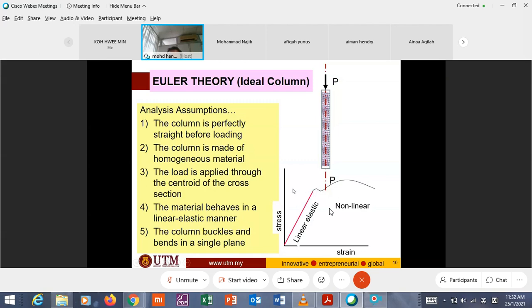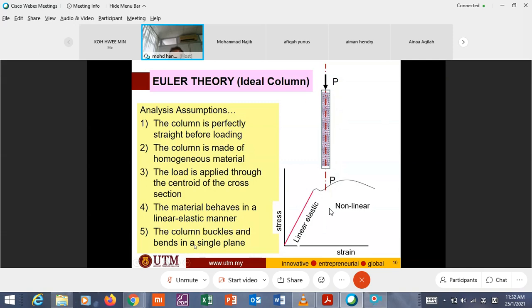When it reaches the yield stress, this is the yield point, and it becomes non-linear. Our derivation only covers this linear elastic range, not non-linear, which means the material is still in elastic condition, not plastic. Here is elastic, here is plastic.